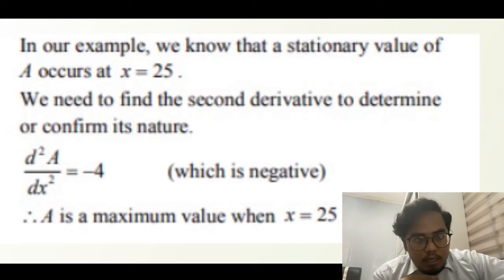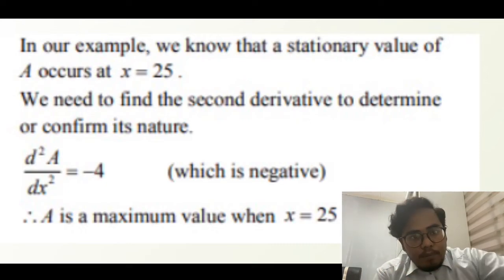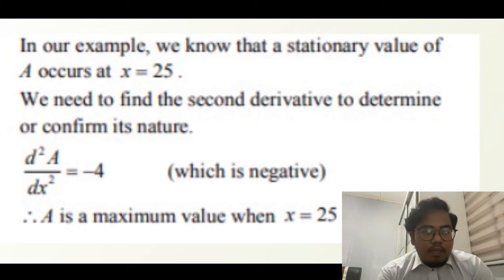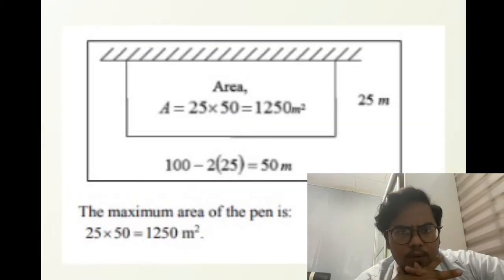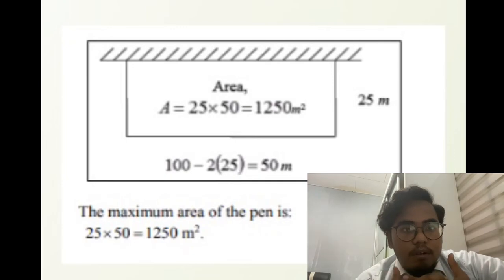This is because we need to find the second derivative to confirm its nature. When we get the negative value, it's confirmed that the area is maximum.